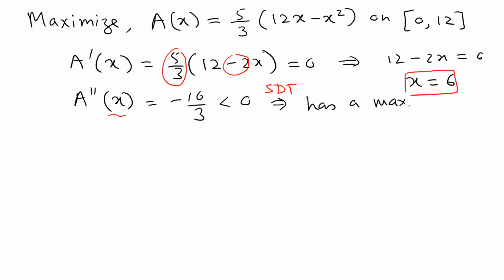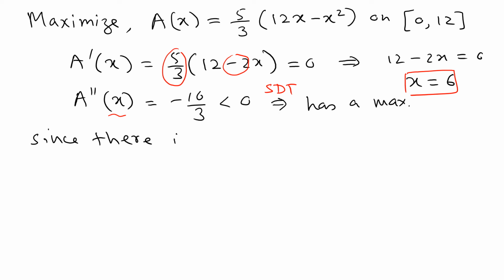You have to do that, because a critical point by itself doesn't say anything. Now we know it has a maximum, and this is a one critical point situation. Since there is only one critical point, this local maximum becomes the absolute maximum.